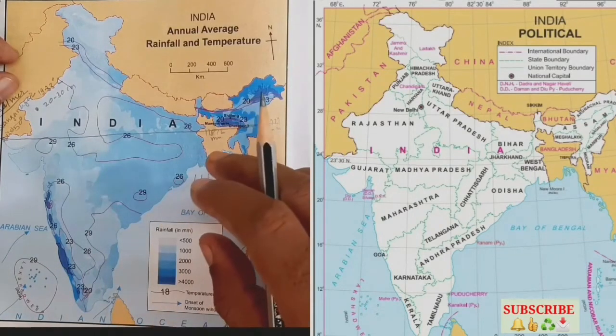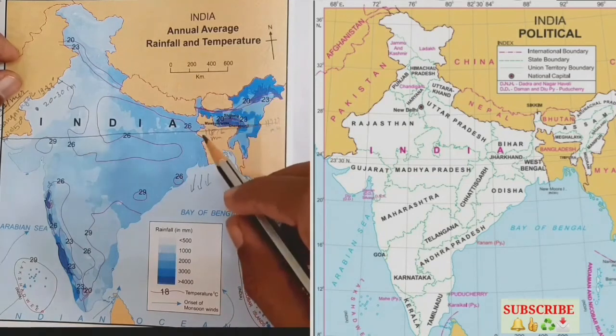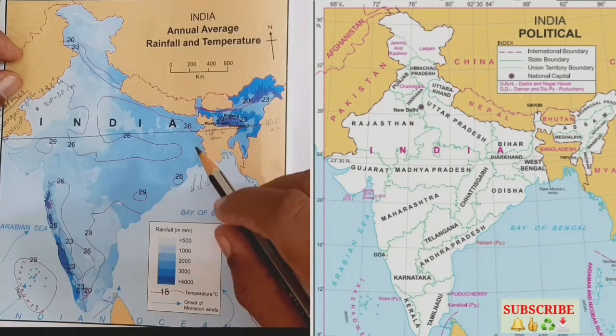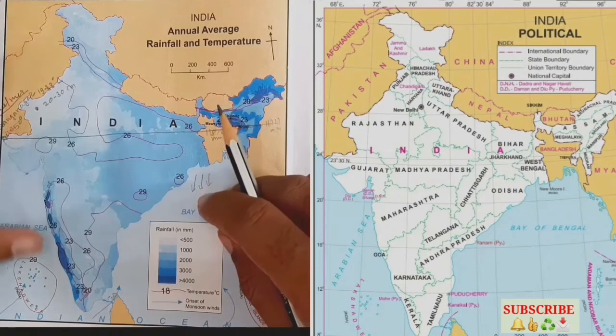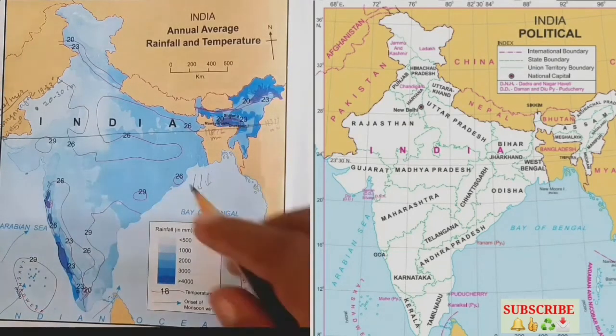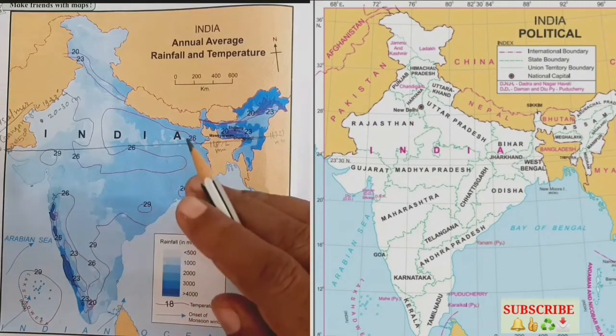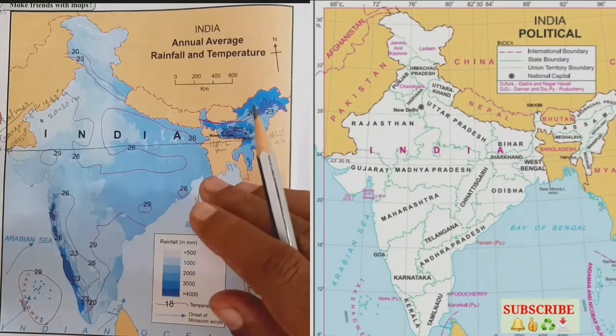And because of that, most of the time, majorly in India, we have average higher temperature all throughout the year. Higher temperature we see in the tropical region, and the temperature of India is a higher one.